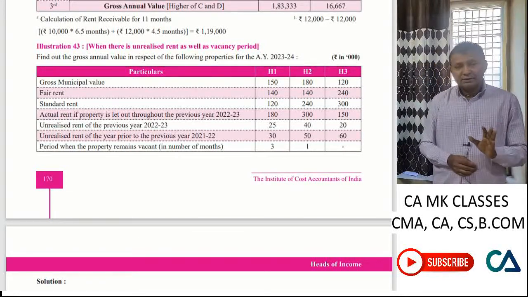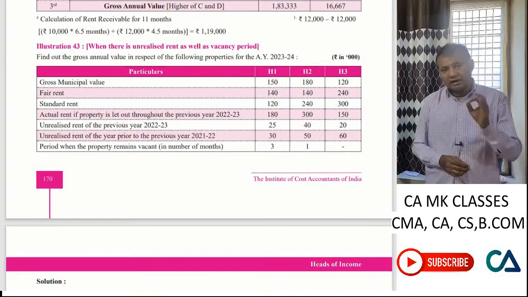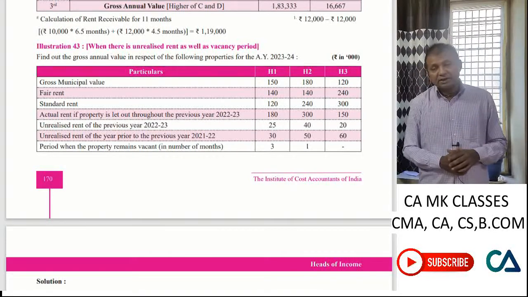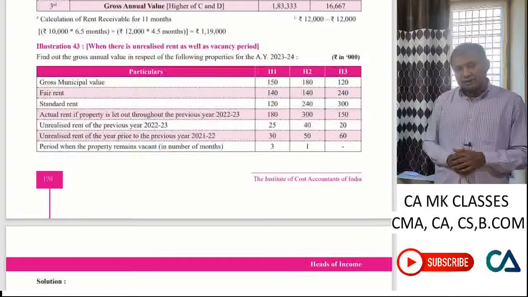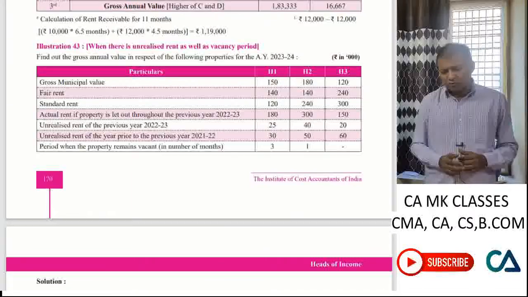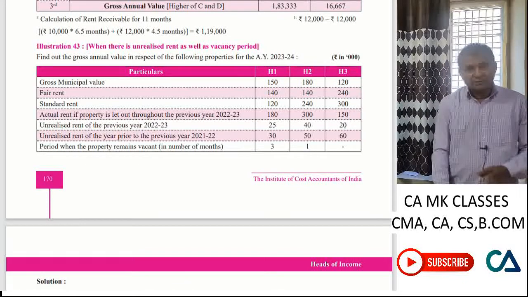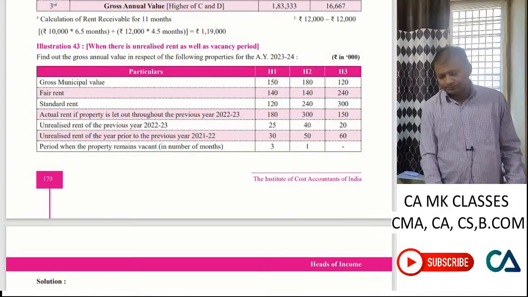So annual rent minus unrealized rent of the current year and vacancy equals actual rent. So this is problem 43. Please look at problem 43 on the screen. This also we shall solve.